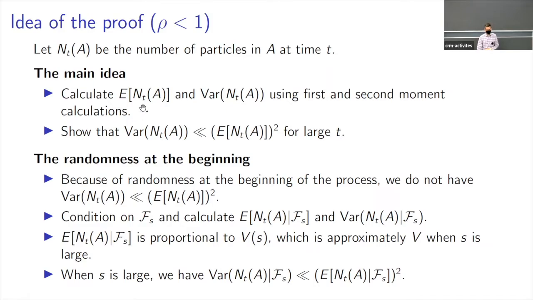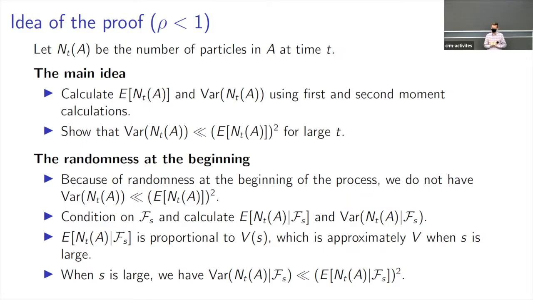So what we want to do in principle is to calculate the expected value and variance of these quantities n t of A, and we know how to do that because we just explained how to do first and second moment calculations. Then one would like to show that the variance of n t of A is much smaller than the square of the mean. That would tell us that the number of particles in the set A is highly concentrated around its mean, and one could just apply Chebyshev's inequality to arrive at a limit theorem.